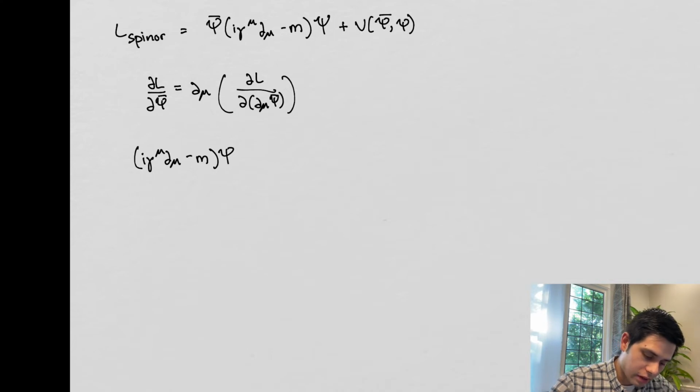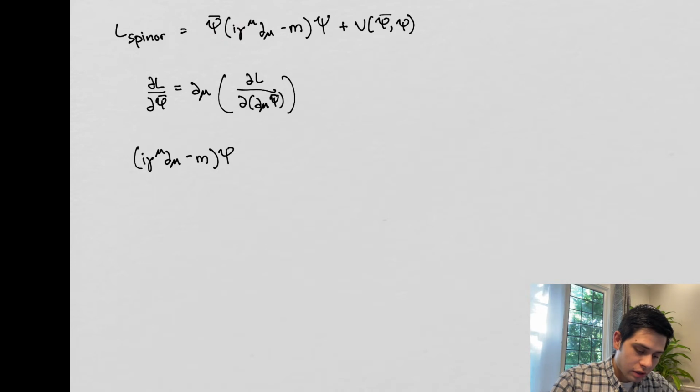Okay, and then we're going to have the rest, right? So when we take a derivative with respect to the derivative, right? So that's going to be, well, this term here. So this term here is actually going to contain derivatives of this.